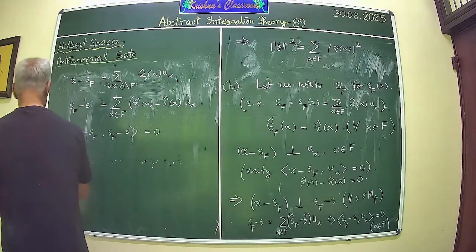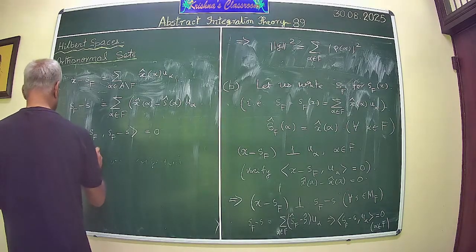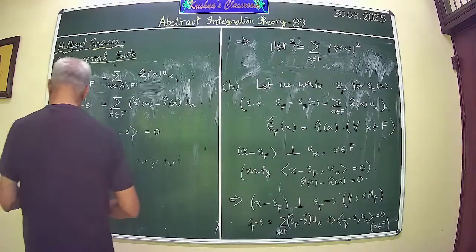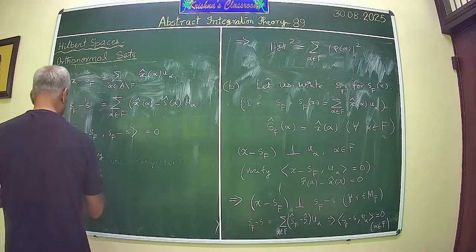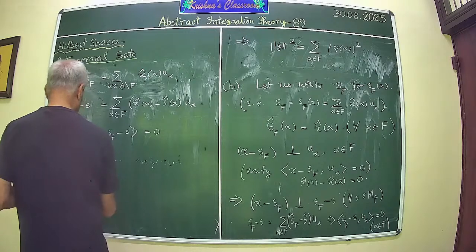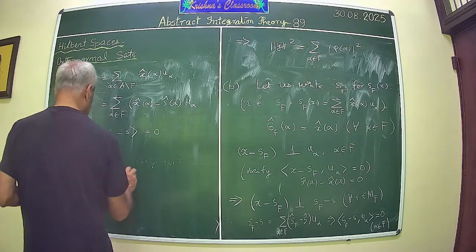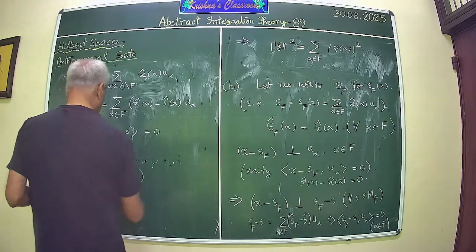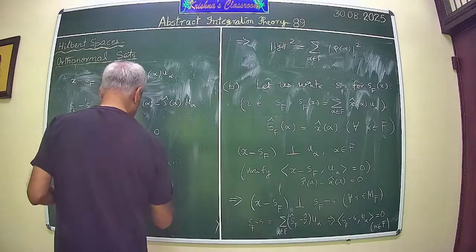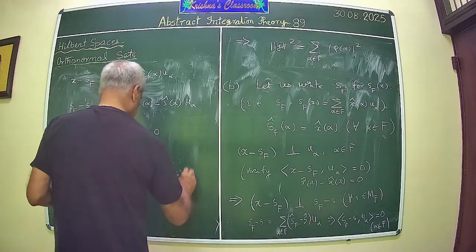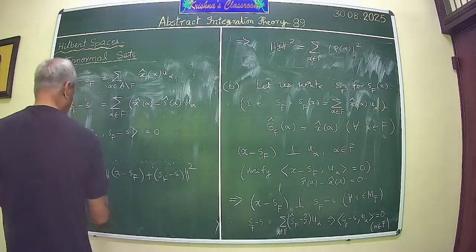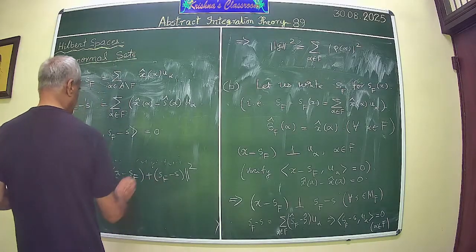Consequently, this is equal to norm of x minus SF plus, whole square, and these two are mutually orthogonal.